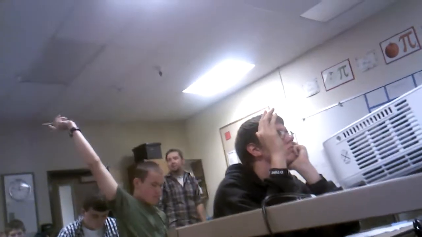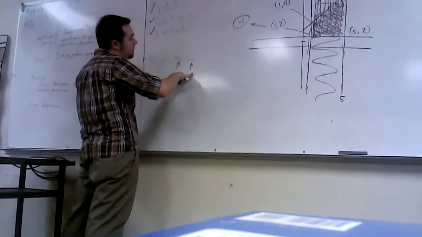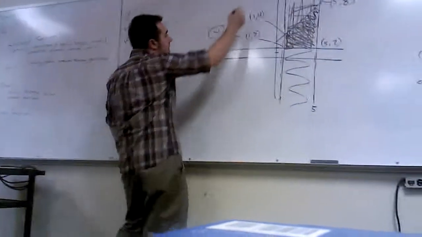Hands up again. Don't put your hand up unless you know what you're talking about. Plug in 1 and 4 to 3x minus 2y. Negative 5. You agree, Emma? Yeah. What's 3 times 1? 2 times 4? 3 minus 8? Negative 5.